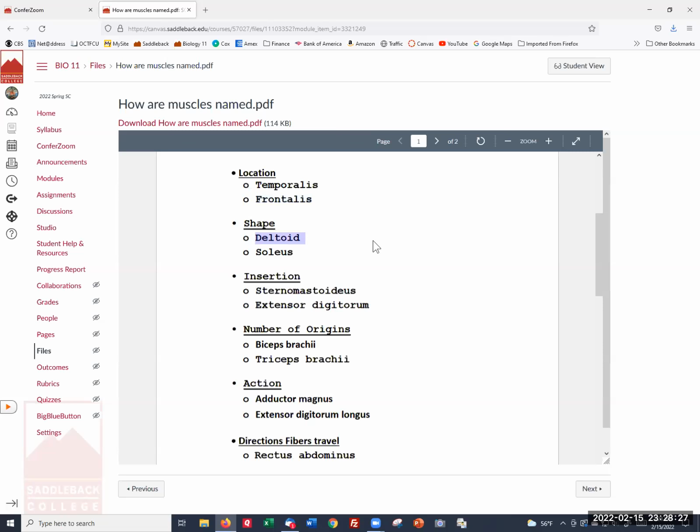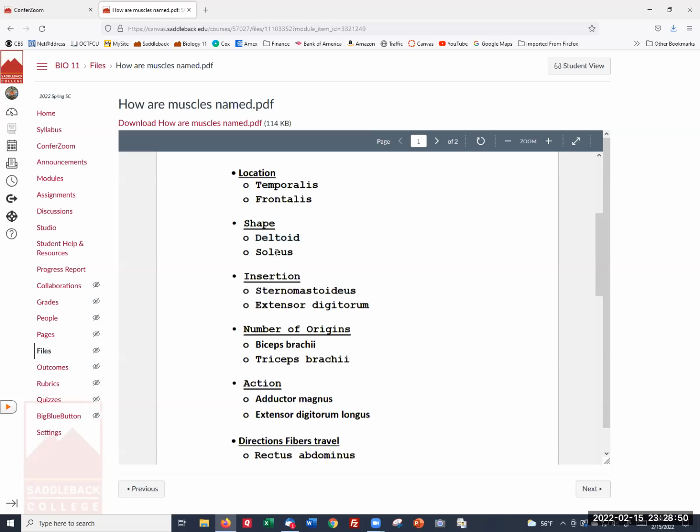The deltoid muscles, that's your shoulder, has three muscles actually that combine to form the deltoids. They're broad up at the top of your shoulder, and they come down to the deltoid tuberosity at a point. So they are delta shaped.